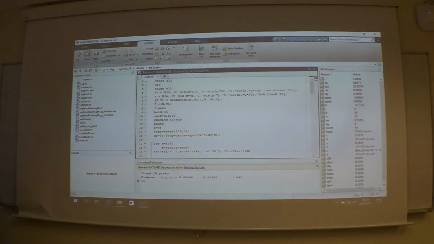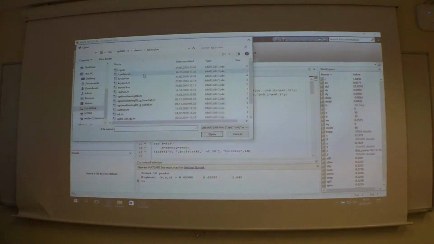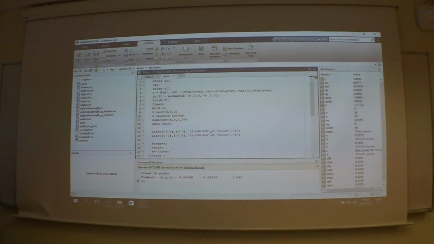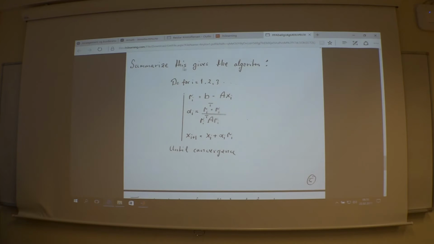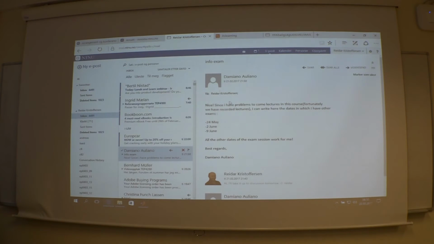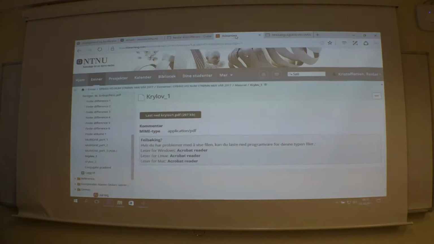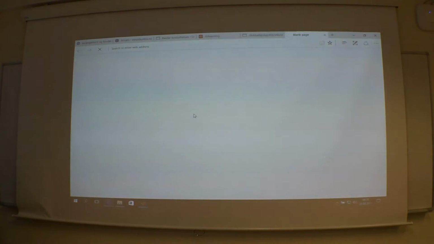So let's try it. Here we have an example, and I believe it is the same example as you find in this conjugate gradient text.